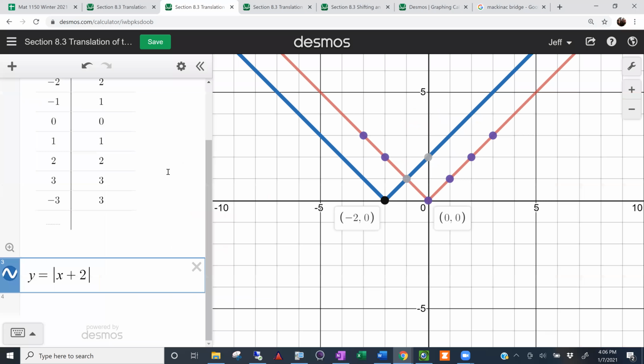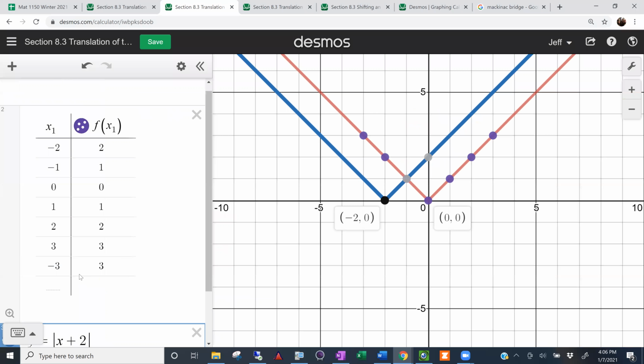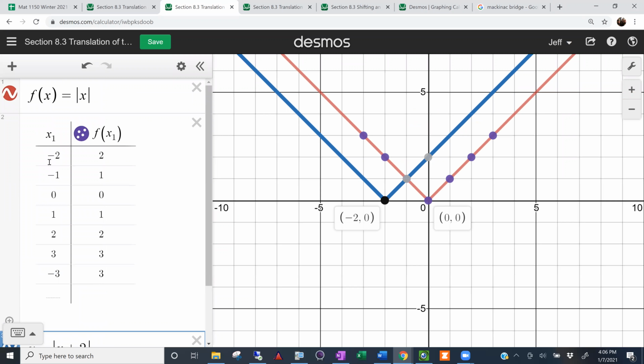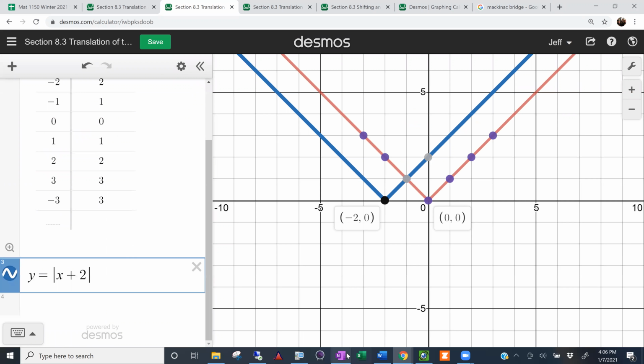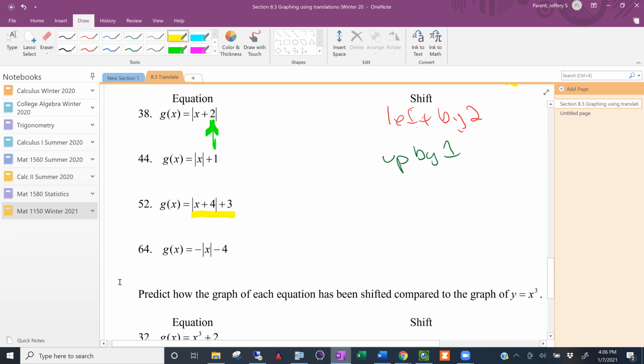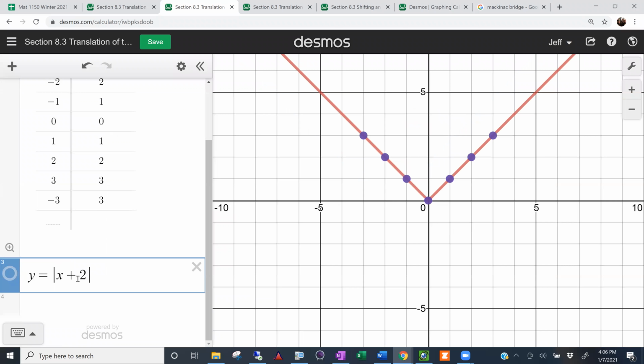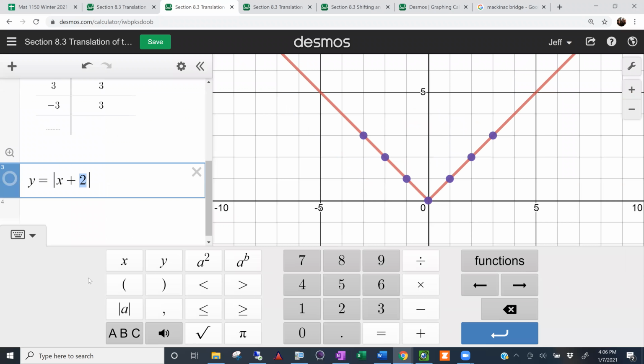All right, so let's plug that in here. Got the graph of the absolute value of X. And I'll shut this one off and change things up. So it's going to be a +4 and then a +3. So the graph of just that first part, if I didn't have that +3 there, how much of a shift would that cause?